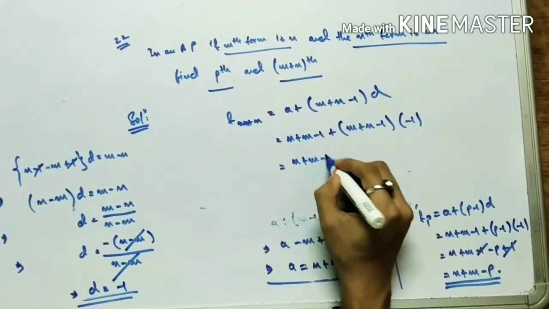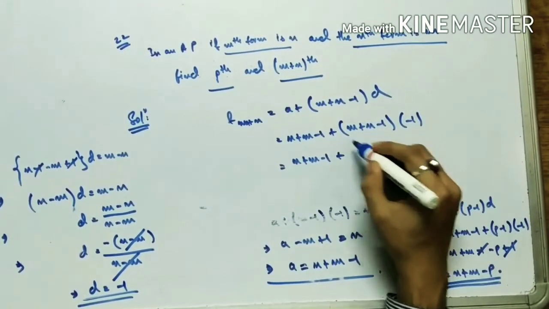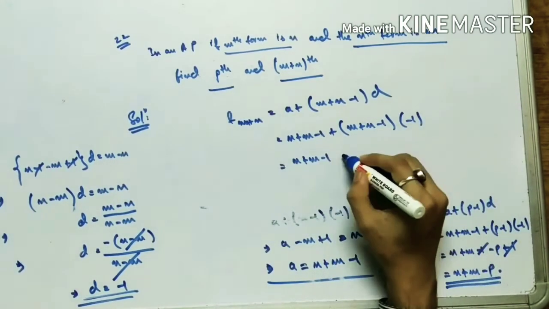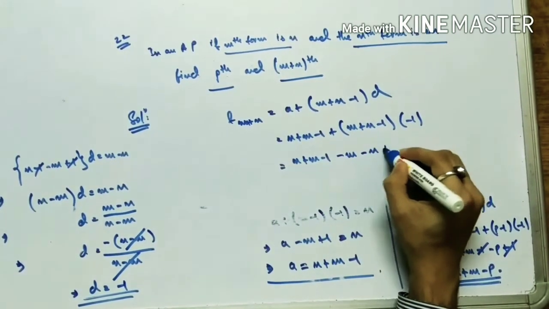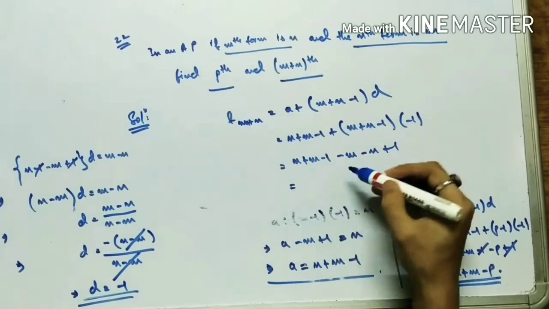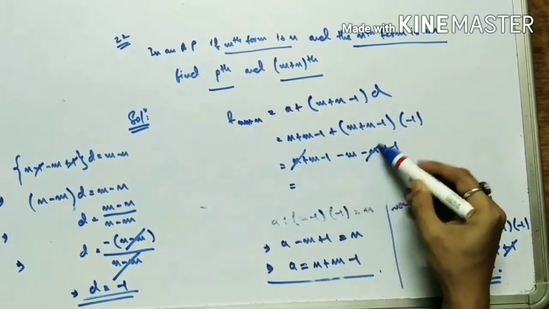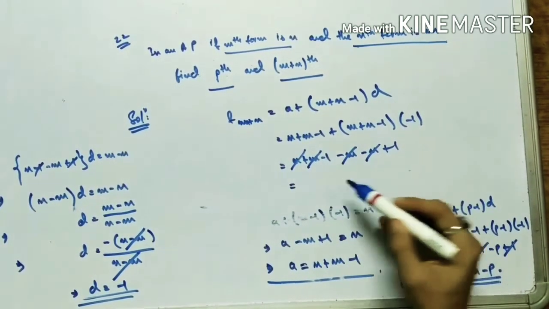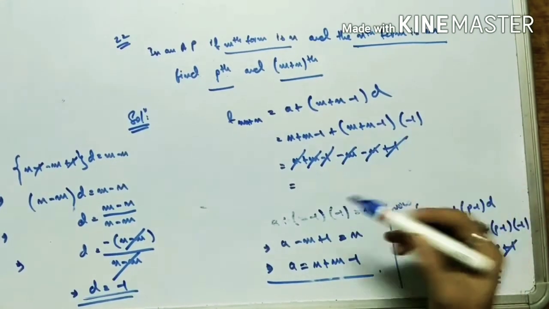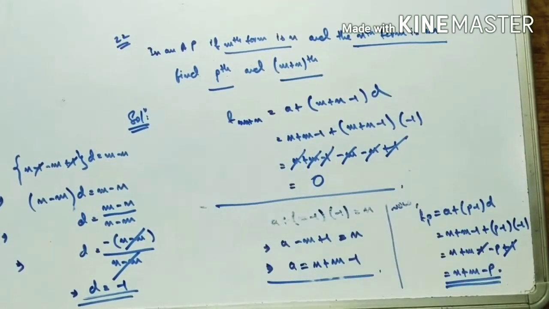So n plus m minus 1 plus (m plus n minus 1) multiplied by minus 1 gives minus m minus n plus 1. Here, positive n and negative n cancel, positive m and negative m cancel, negative 1 and plus 1 cancel. Ultimately 0 I will get. This is our answer. Understand?